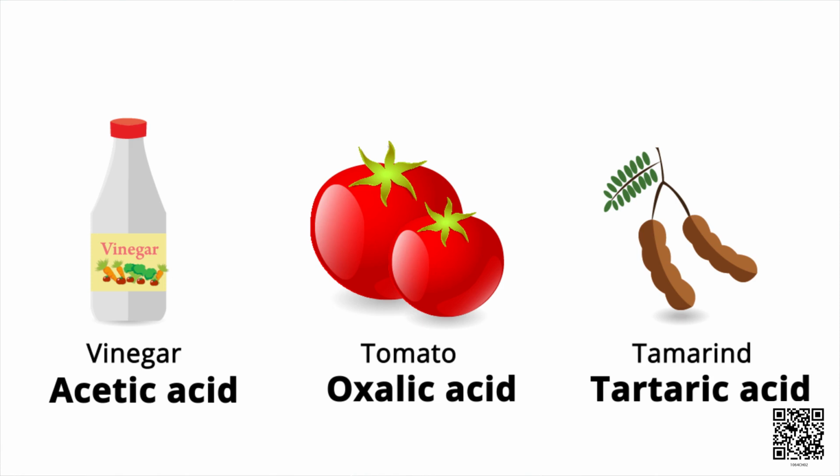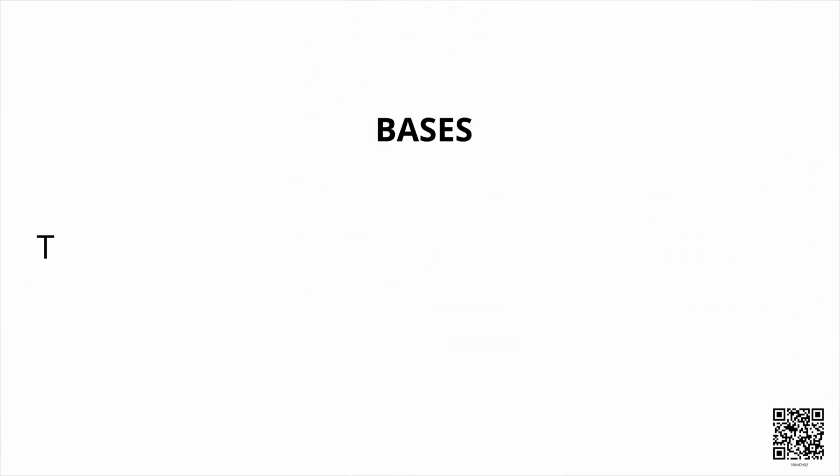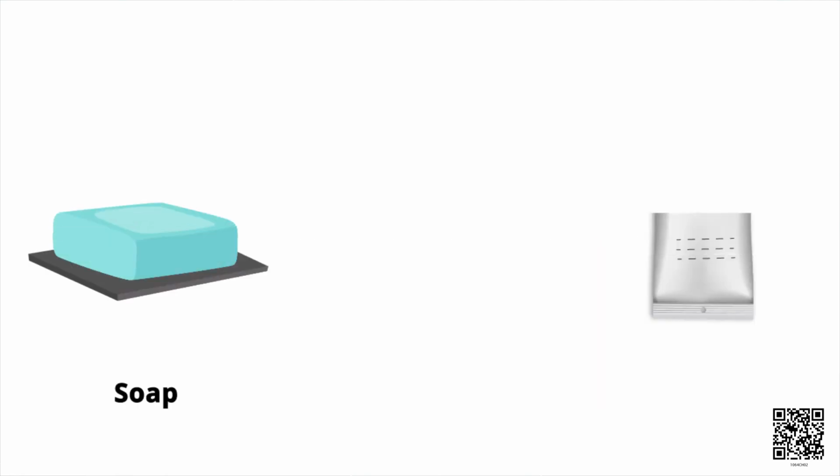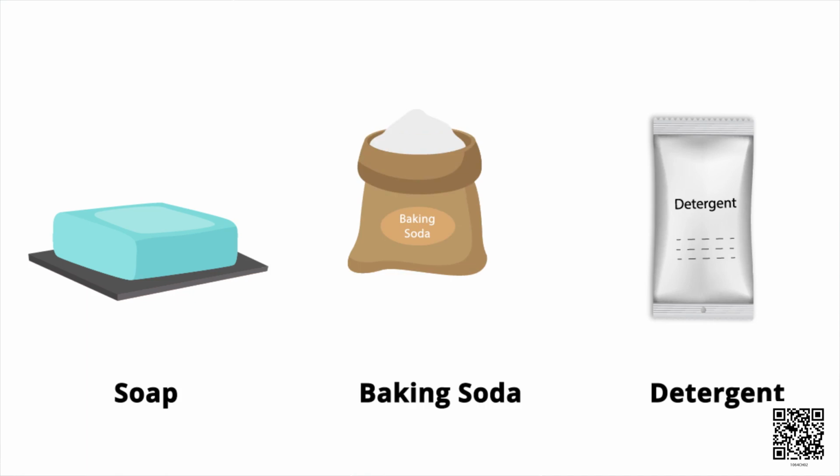Now we shall study about bases. These are the substances which are bitter in taste. Substances like soap, detergent and baking soda, which we use in our daily routine, are basic in nature.